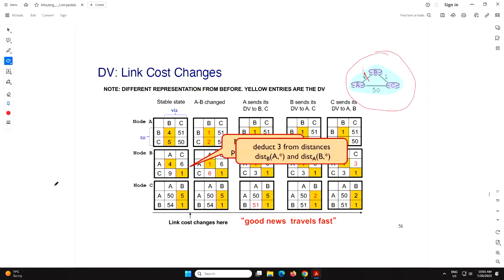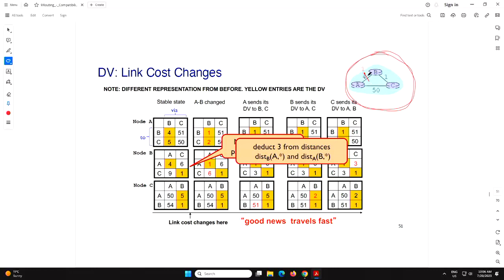So let's try to understand the convergence thing, right? So this is a network that we are going to consider to explain and illustrate this convergence in distance vector routing. So we have three nodes, A, B, and C, and the numbers next to the links show the cost of the link at the time.